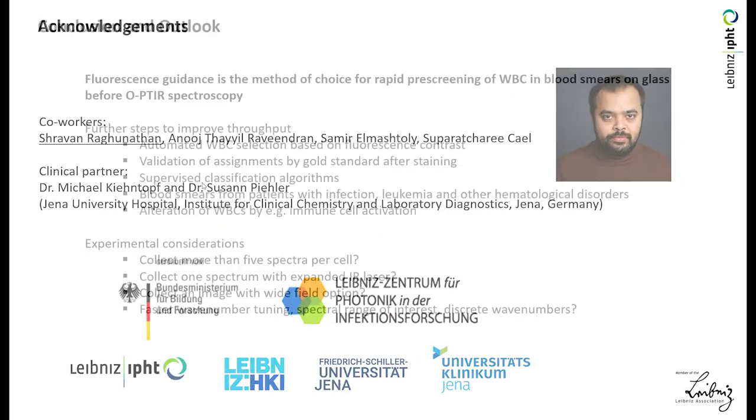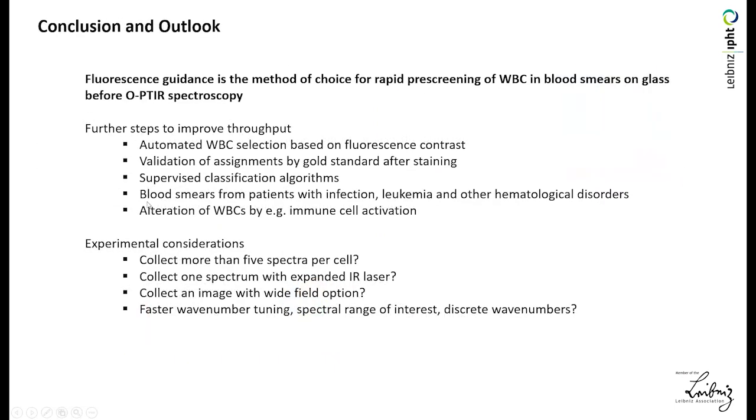And then the interesting work can start. Once we establish the workflow, we will start collecting data from patients with infections, leukemia, and other hematological disorders. And also of particular interest is, for example, the question of determining the immune cell activation in white blood cells.